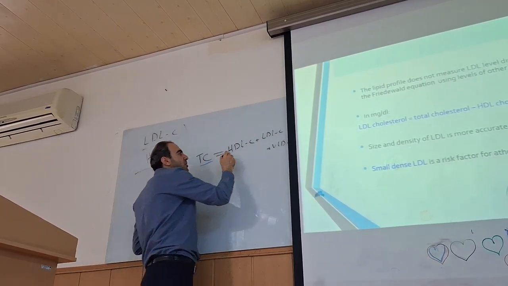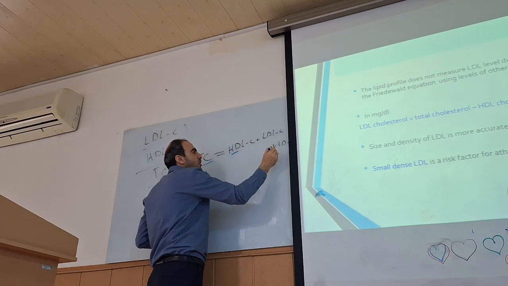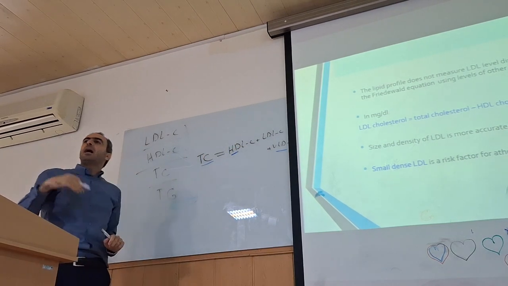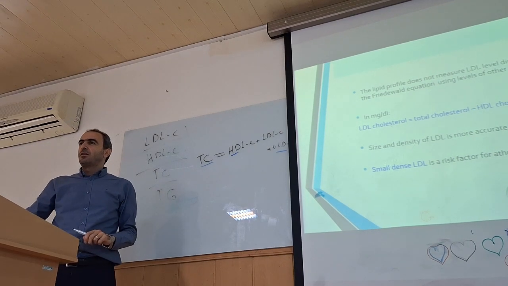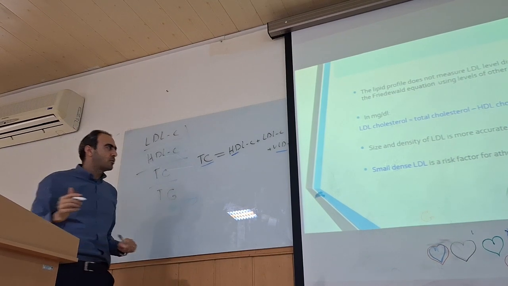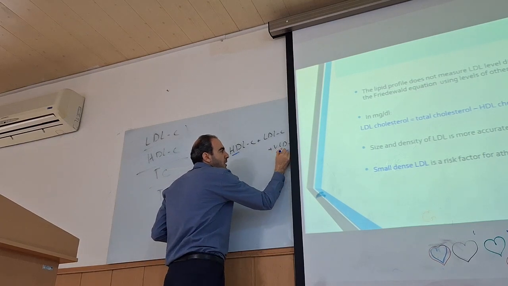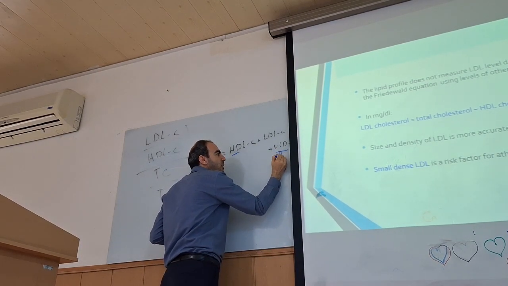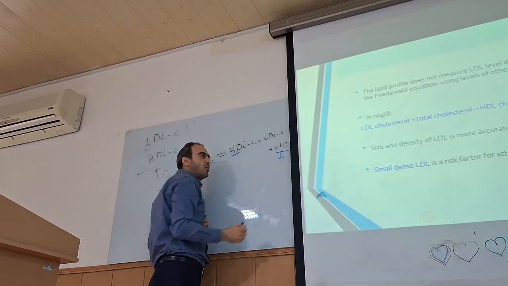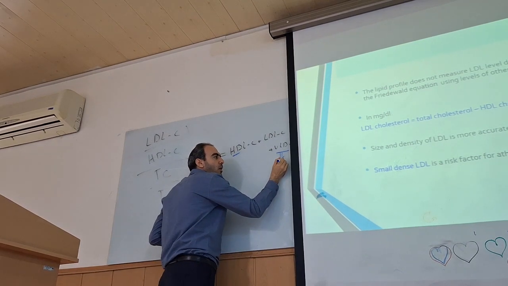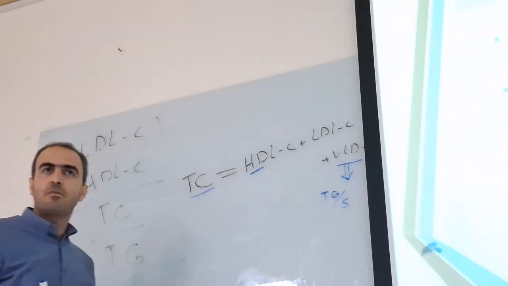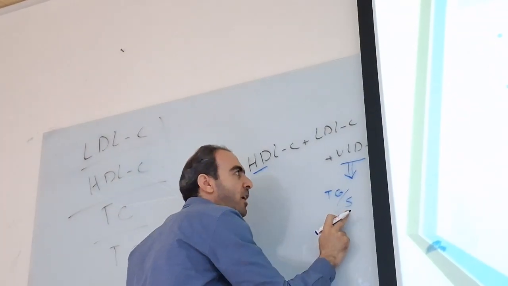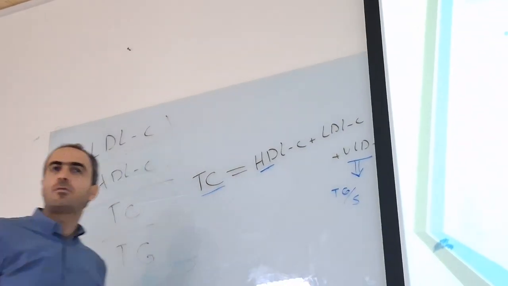We can measure HDL. What about VLDL? After measuring a lot of samples, they found that VLDL can be explained by triglyceride concentration divided by 5, which gives you VLDL cholesterol.